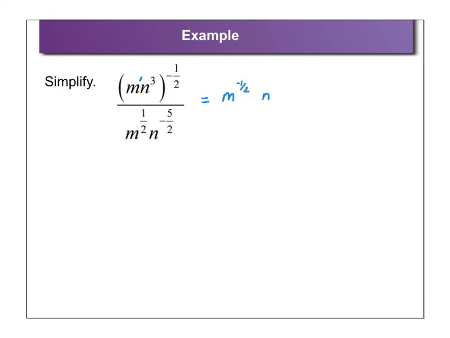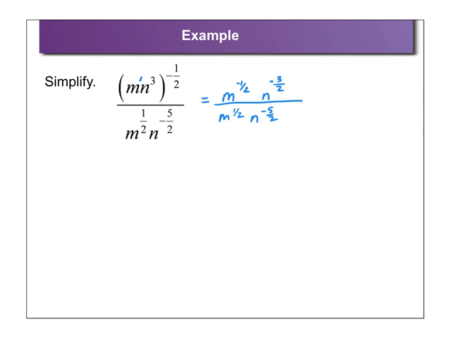And our n term in our numerator will have an exponent of -3/2. And of course that -3/2 comes from multiplying the 3 times the -1/2. I know that 3 is really 3/1, and when I'm multiplying fractions together, I multiply numerator times numerator and denominator times denominator.